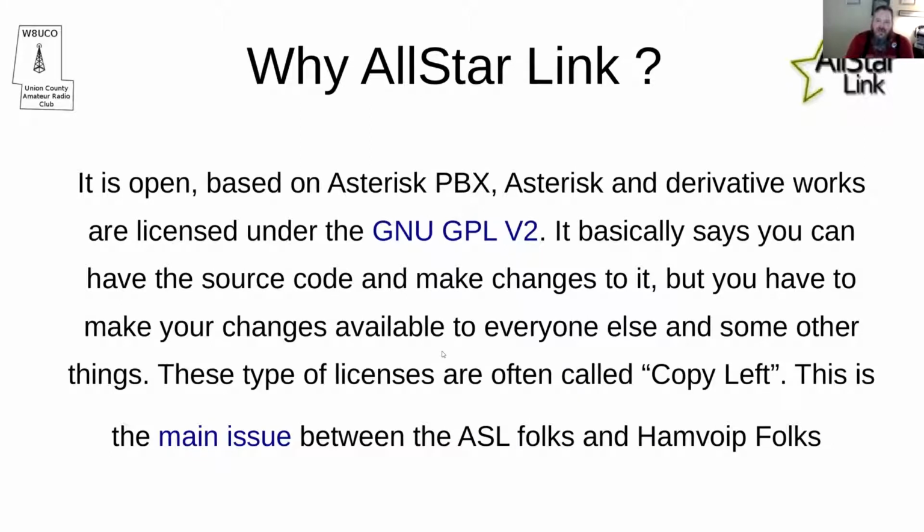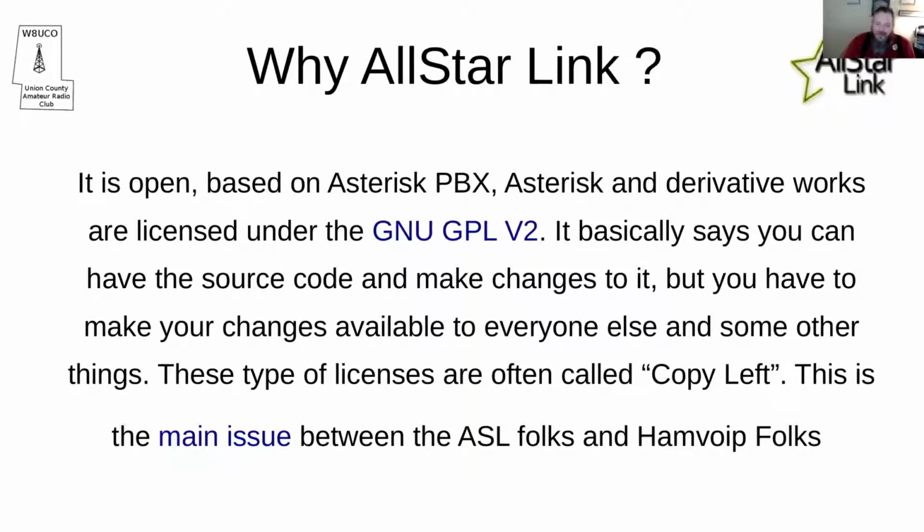So why did I decide to go with Allstar Link? Well, it's based on Asterisk PBX, which is the open source phone system. And Asterisk and derivative works are licensed under the GNU GPL version 2. One of the things that open source license says is basically you can have the source code and make changes to it, but you have to make your changes available to everyone else.